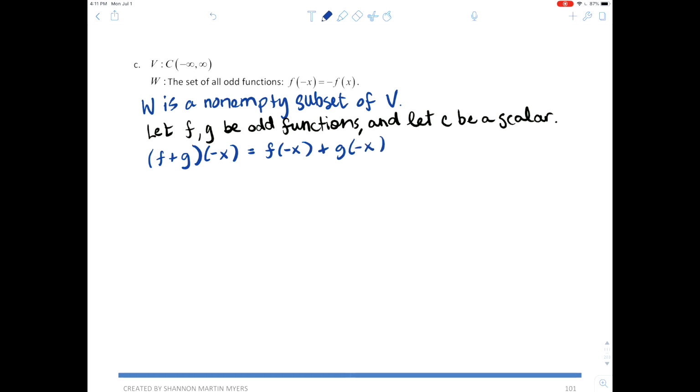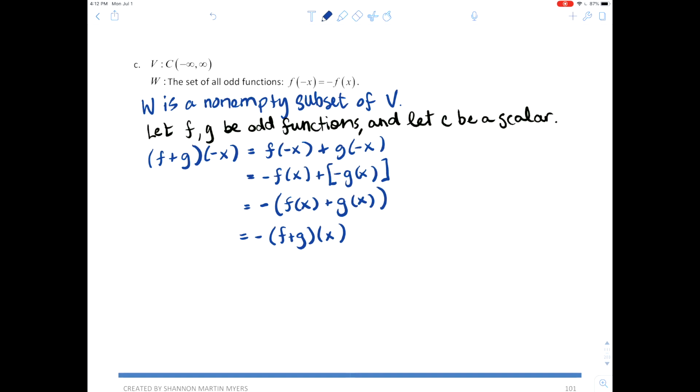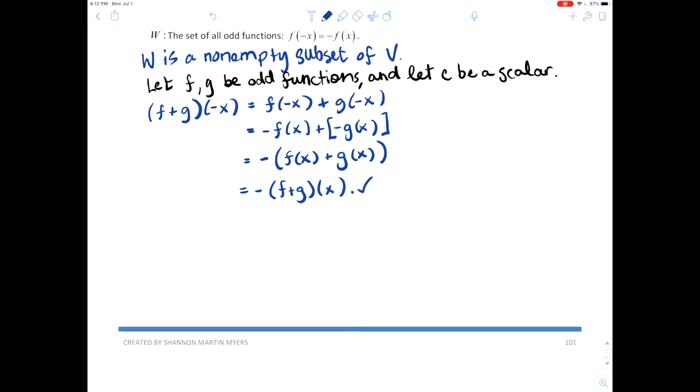But since f and g are both odd, this is going to be negative f at x plus negative g at x, which in turn is negative, if we factor out a negative, f at x plus g at x, which is negative f plus g at x. And so we have closure under addition.